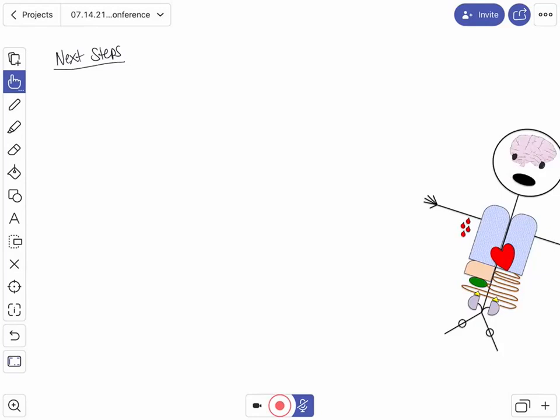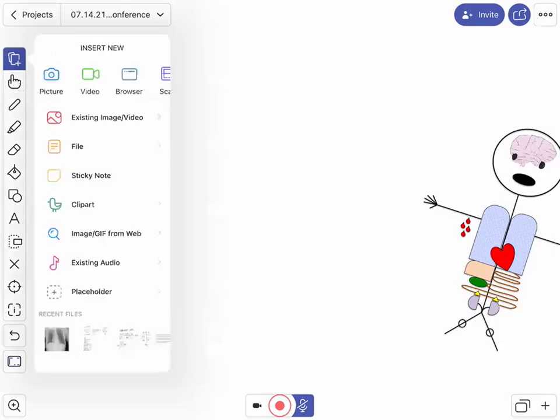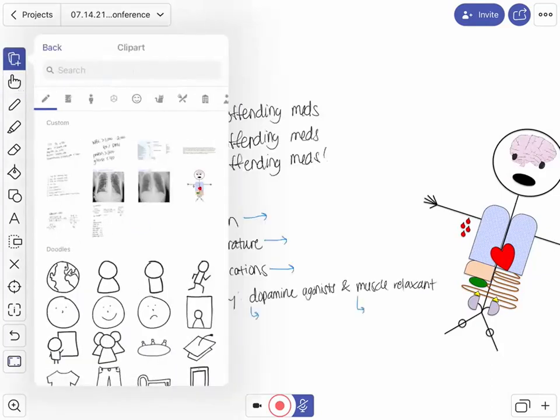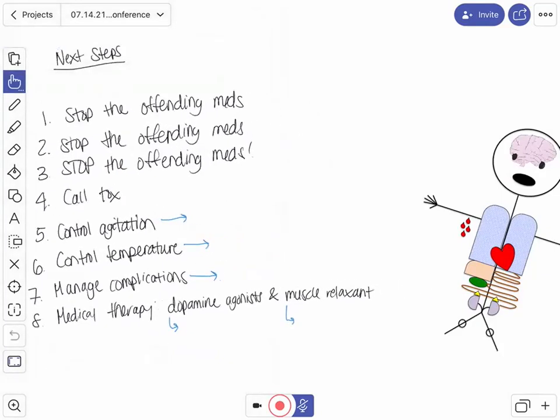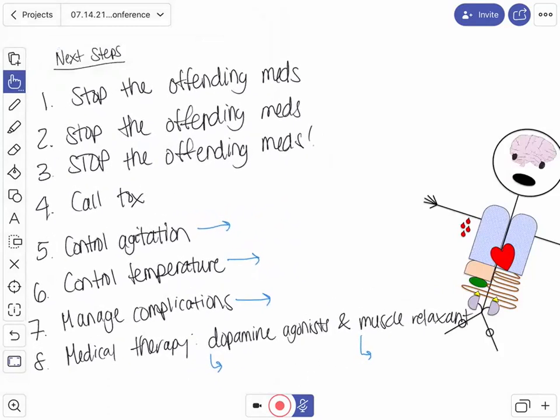We mentioned cooling. Yep, so antihypertensives if they're spiking their blood pressure. Okay, so the most important thing that I cannot stress enough to you is you need to stop all of the offending medications. That is the thing that will help this person.